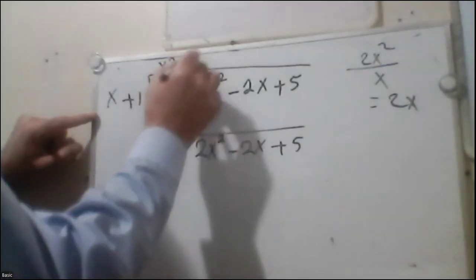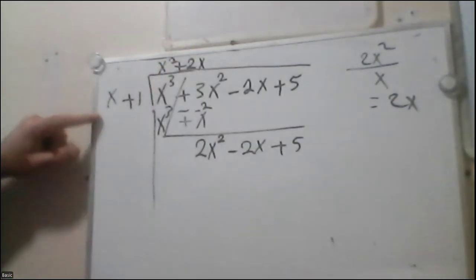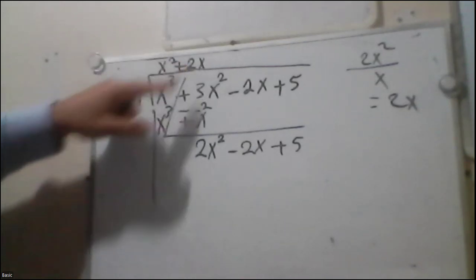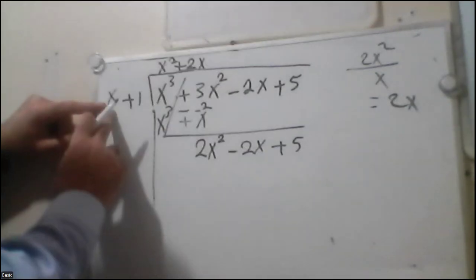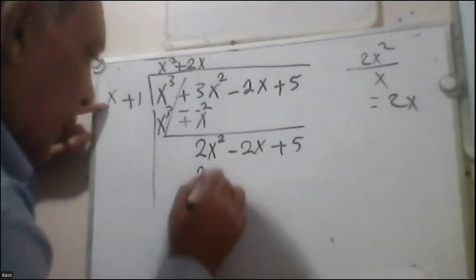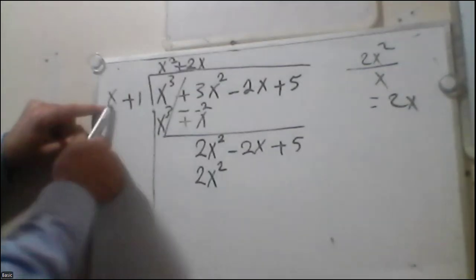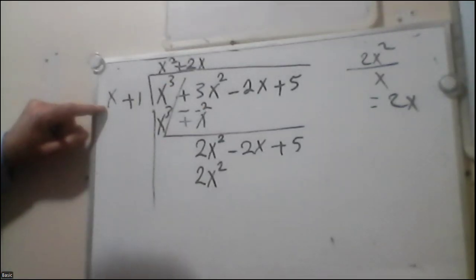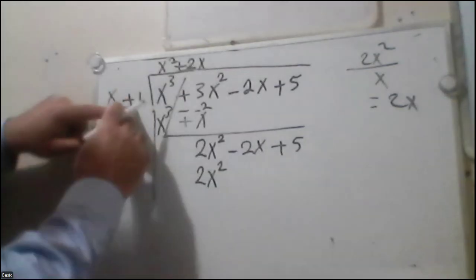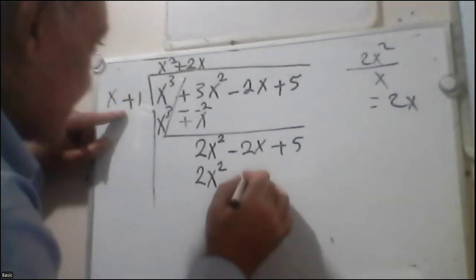Now it's my turn to take the 2x and multiply it by x plus 1. So 2x multiplied by x will give me 2x squared, and 2x multiplied by 1 gives 2x.